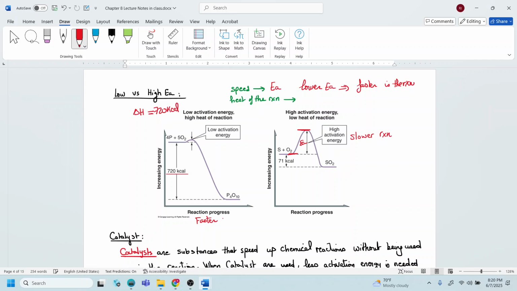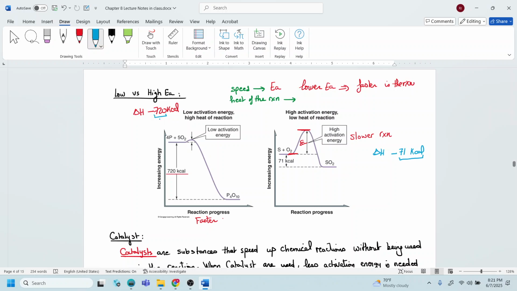You ignore the negative sign, always you ignore the negative sign, you guys, and just look at the value of the energy, because delta H negative is always an exothermic reaction. So here all I'm saying is that this is an exothermic reaction, but the energy is 720 kilocalories, versus here the delta H of this reaction is negative 71 kilocalories. So here it's giving off 71 kilocalories, versus here the reaction is giving off 720 kilocalories, which is a high heat in the reaction.